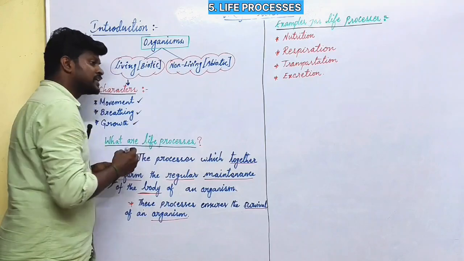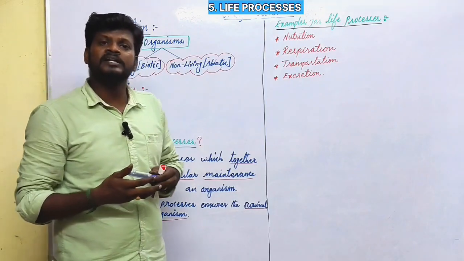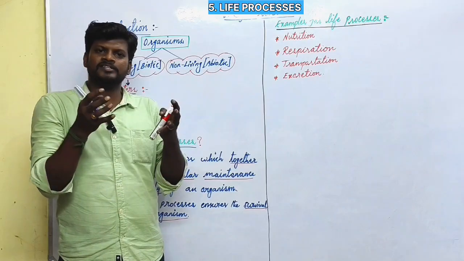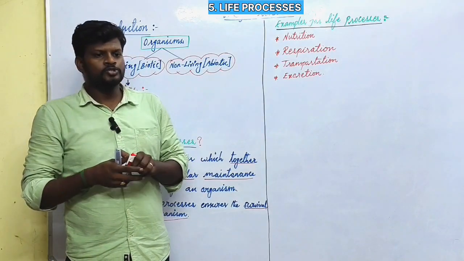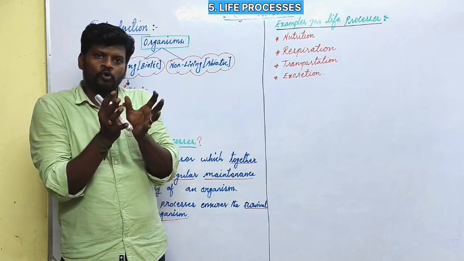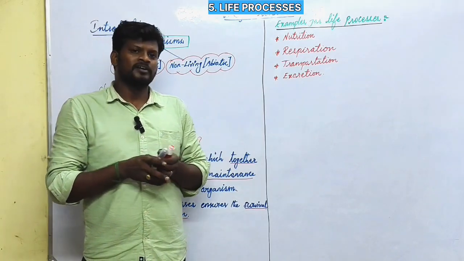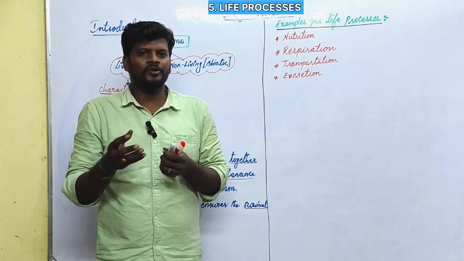Another character is growth. Of course, living organisms grow, right? Growth means an increase in size and even number. If they show growth, then you can say it is living. But growth is not visible in all organisms, right?